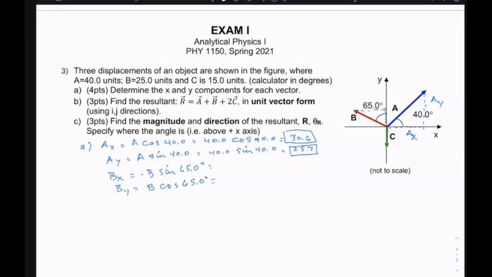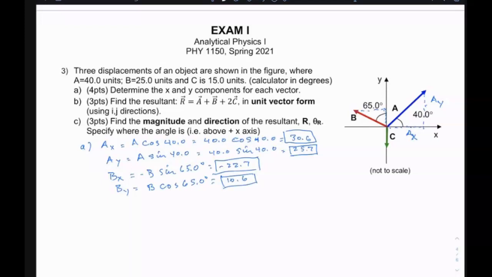Then when I evaluate that, I get minus 22.7 units for the x component, and I get plus 10.6 for the y component of B.